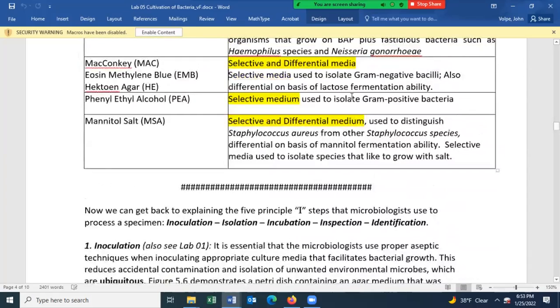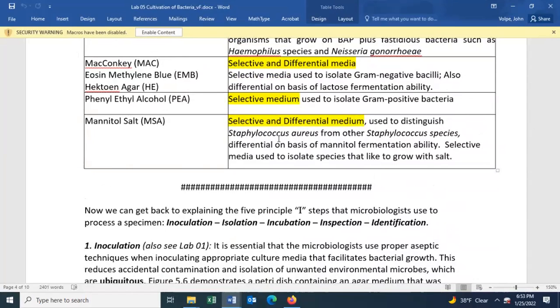Mannitol salt agar is a selective and differential media. It's differential on the basis of mannitol fermentation. If the bacteria ferment the sugar mannitol, the bacteria will have a yellow halo around the colony.